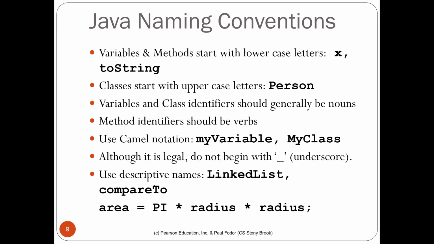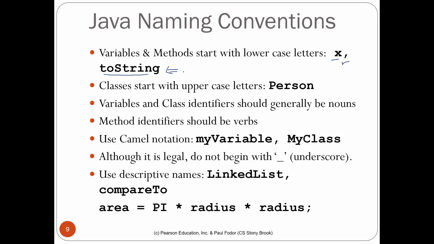The practice is that the variables and methods that you have, their names should start with lowercase letters. As an example, x right here is a variable. So a variable name should start with a lowercase letter, which is x here. It is perfectly fine.